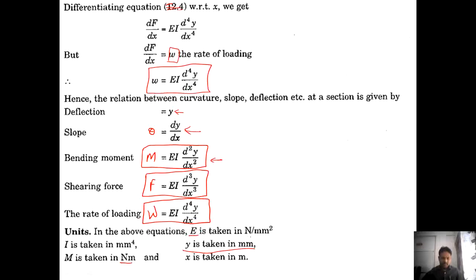E is taken in Newton per mm square, that is Young's modulus, and I is in mm raised to 4. X is the distance, simply the position from the support, and can be taken in mm or meter.